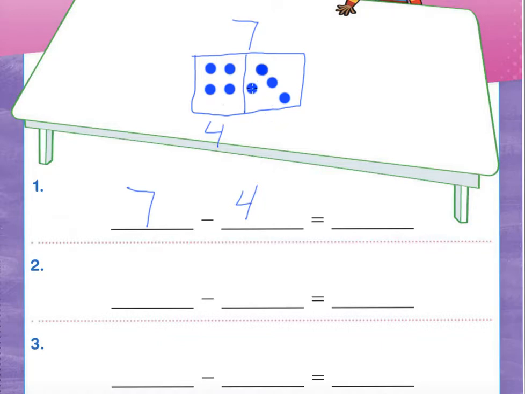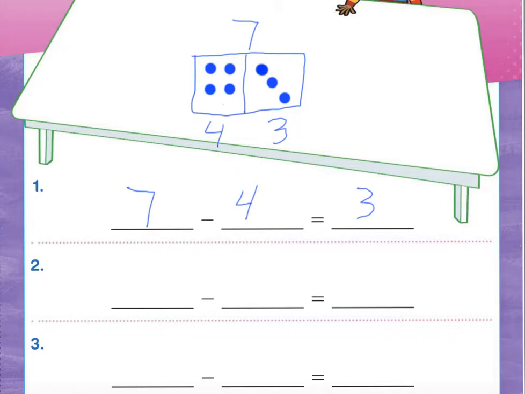Now we can count the dots that we made. So let's count them. 1, 2, 3. And that's it. It's pretty simple. So they're telling us that our missing number is 3. And we can complete this number sentence right here. So 7 minus 4 equals 3.